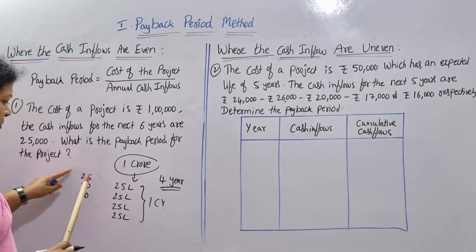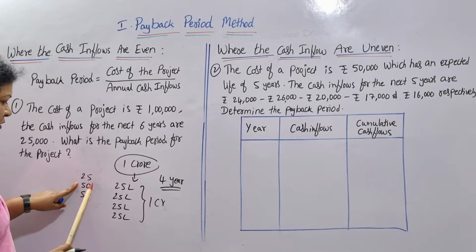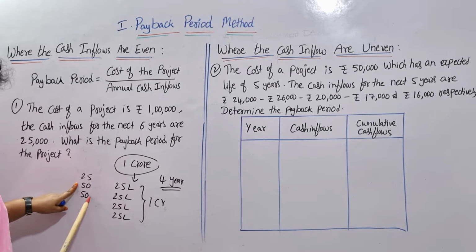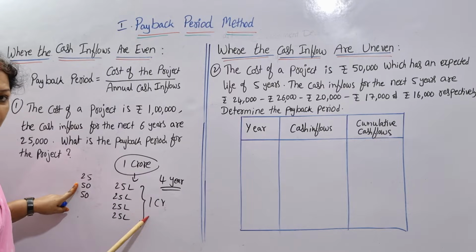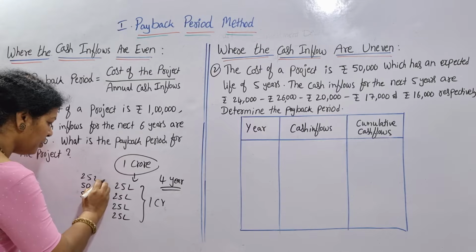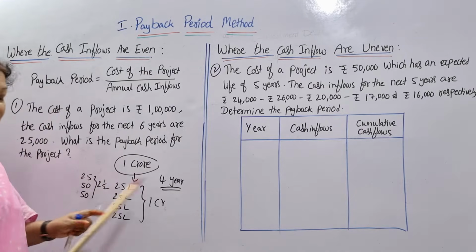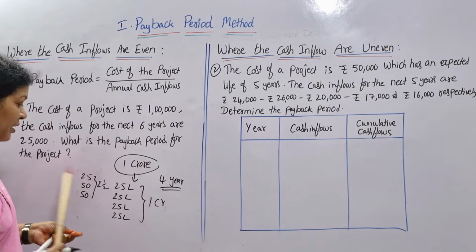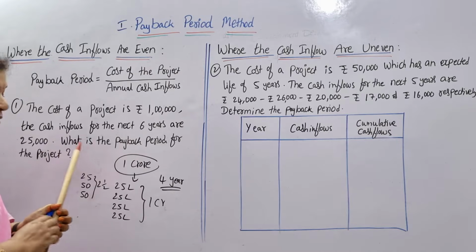It means 2 years 75 lakh is over, and third year I only need 25 lakh to get my 1 crore rupee. It means payback period is here 2.5 years. There it was taking 4 years, but here it's taking 2.5 years only.